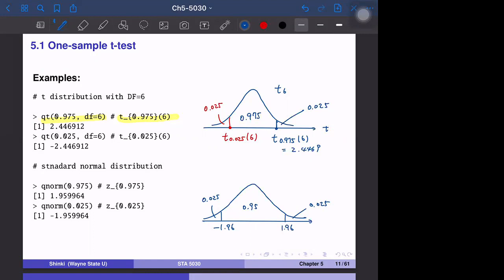So these are Z sub 0.025 and Z sub 0.975. You can see these values are actually smaller than the T case. The T distribution generally has larger quantiles if these probabilities are reasonably close to 0 or 1.